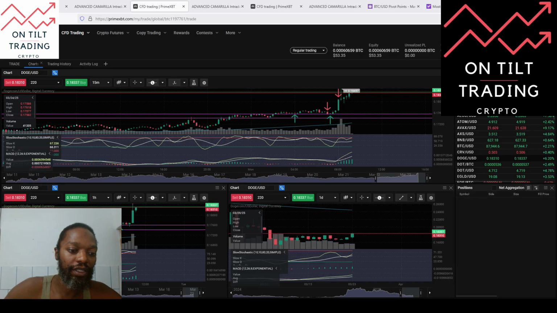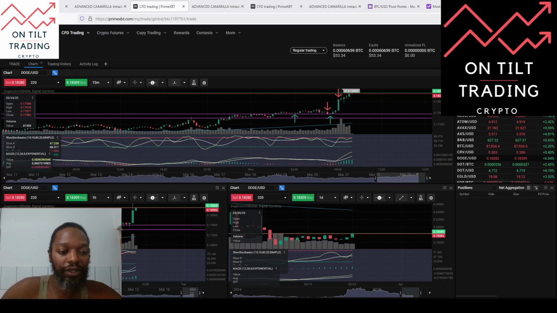Over here on the 60 minute, trading above this 200 EMA, which to me, the 60 minute I use as an indicator of whether or not a particular currency pair is strong or weak.